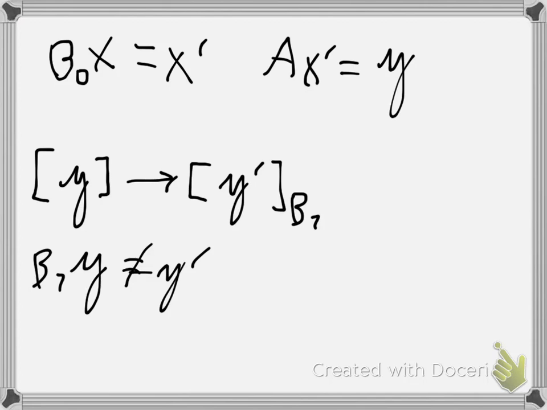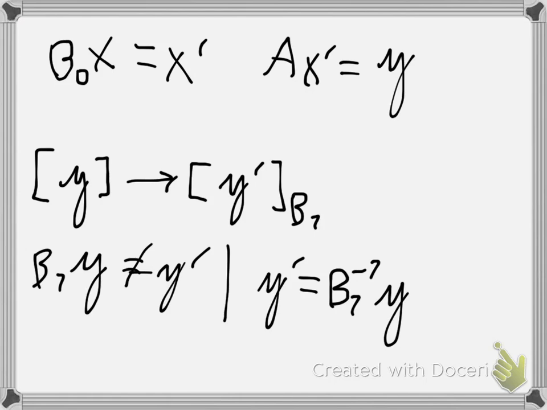What you have to do is, your vector according to the new basis will be equal to the inverse of the matrix B1, which represents the new basis, times this vector y. So basically, your matrix B will be given by, you have to go from right to left.